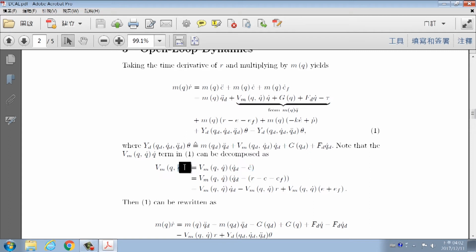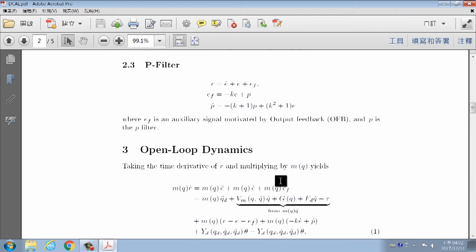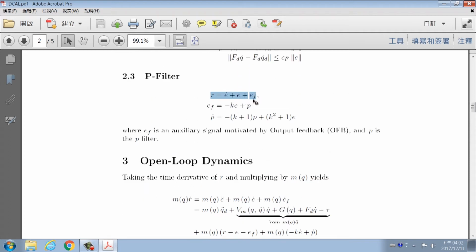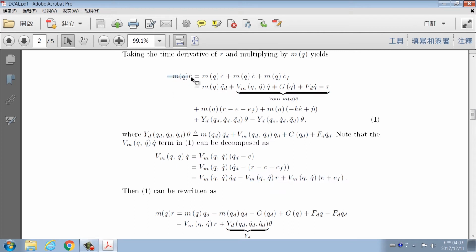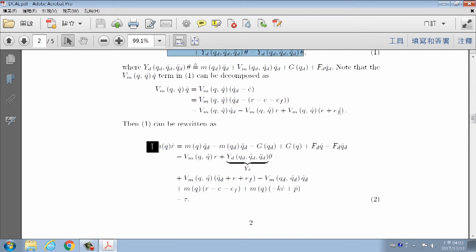We replace Q dot using the definition of tracking error E, and we replace E dot by this based on the P filtering. Then all these signals are now measurable. The first equation can now be rewritten in this form.